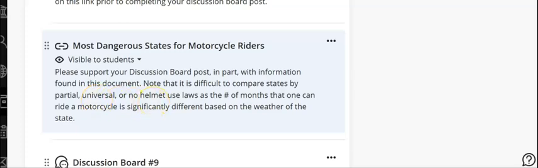And why is that? There's another very significant variable, and that is how long motorcyclists in that state can really be riding their motorcycle. As you know, in Erie, Pennsylvania, and in Pennsylvania in general, we have a much shorter season than, for instance, California.